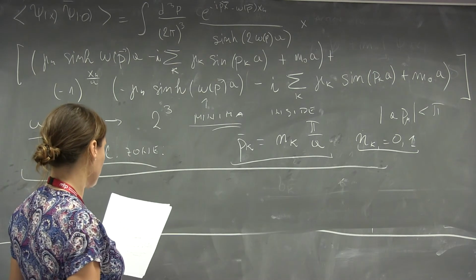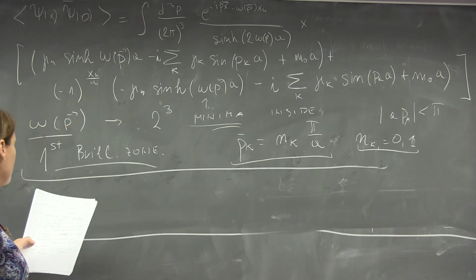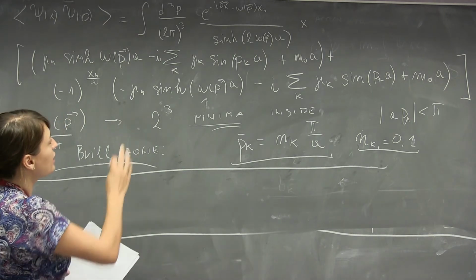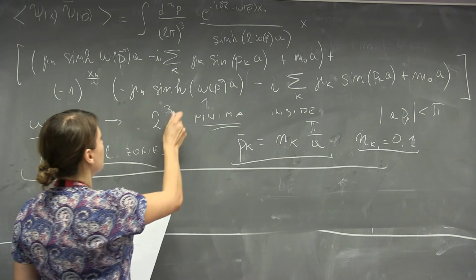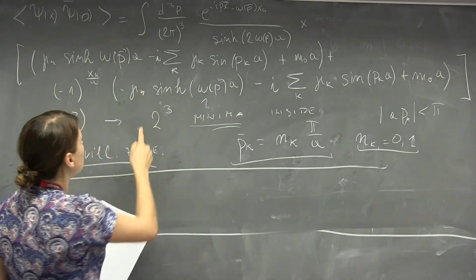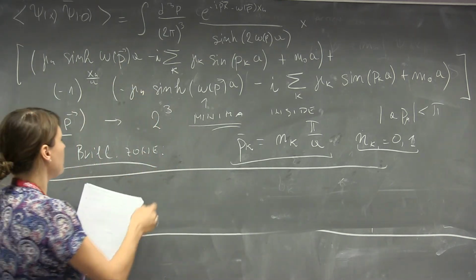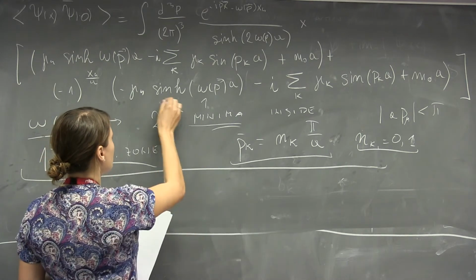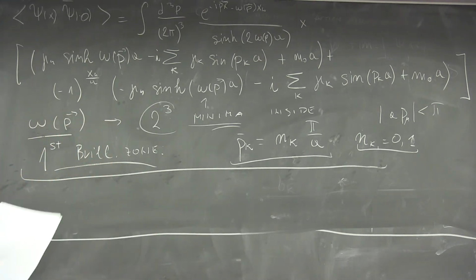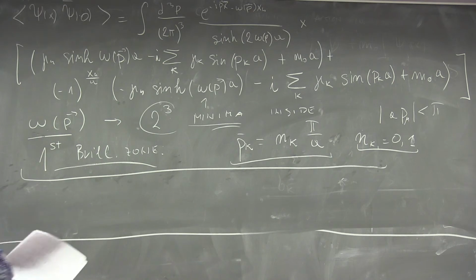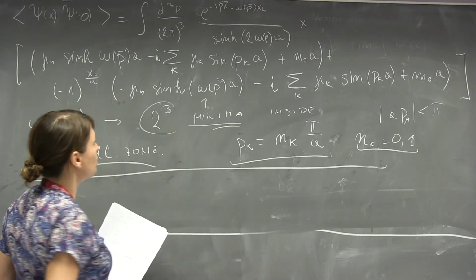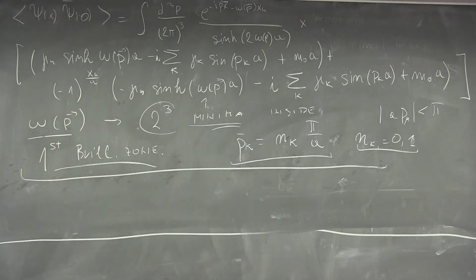It will turn out that there are two contributions here in the energy, so in the time direction, in addition to multiplying this 2 to the 3 minima inside the first Brillouin zone.